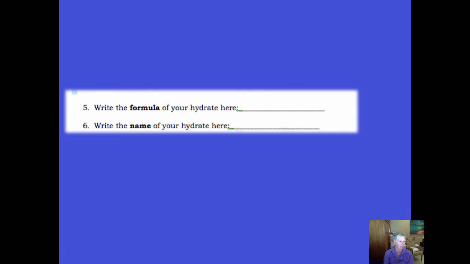Okay, now you will know the formula of your hydrate, because you were given the anhydrous version when you picked up bottles 1 through 5. You will draw a dot, and then you will put in 1, 2, 3, 4, whatever it is that you've determined in the previous calculation. And then in English, I want you to write the name of your hydrate on that line.